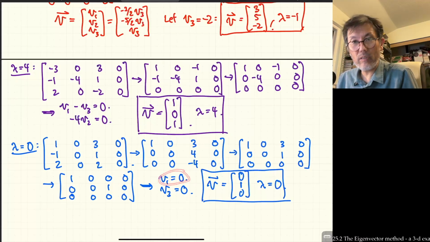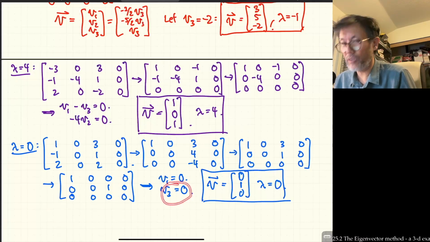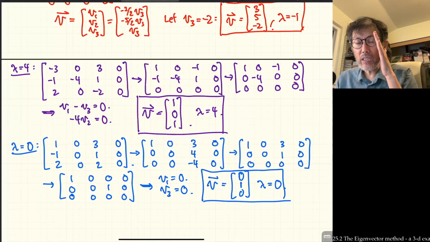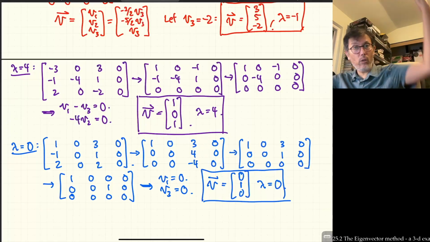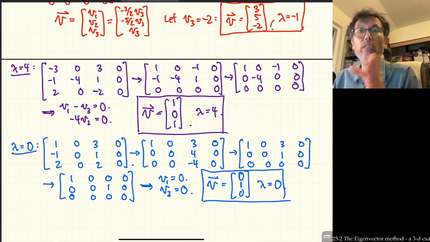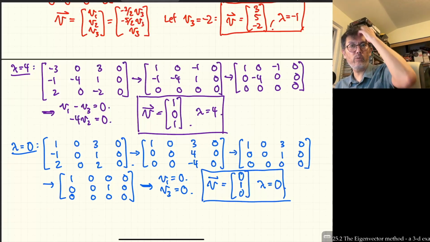We get V1 must be 0, and V3 must be 0. Do you notice? No condition at all on V2. That means V2 is allowed to be whatever it wants to be. Anything. In particular, we can make a non-zero vector by making that V2 be something non-zero. So that's what I've done. I made V2 equal to 1.